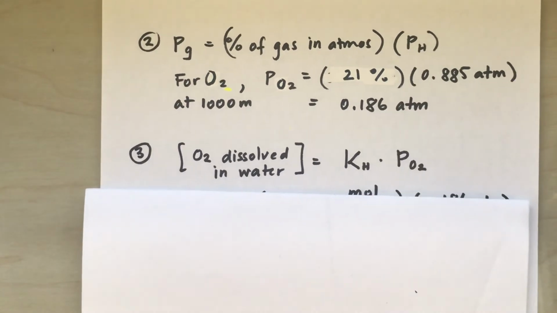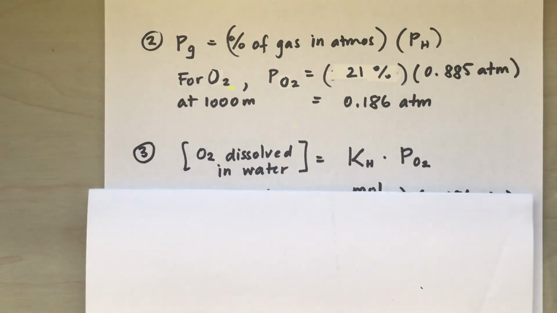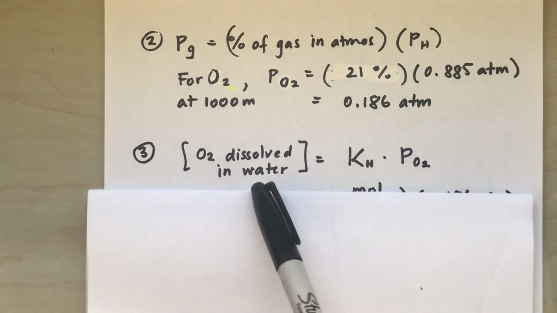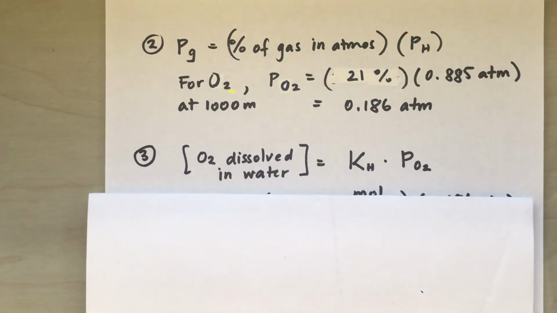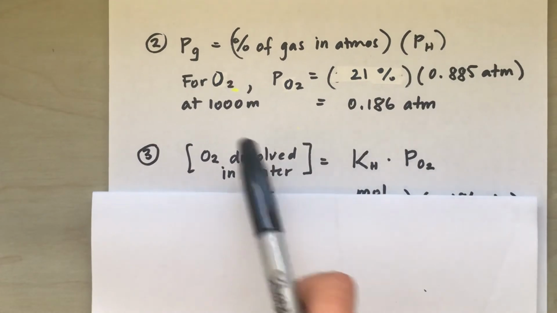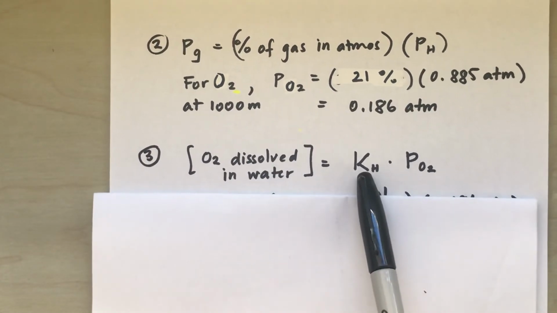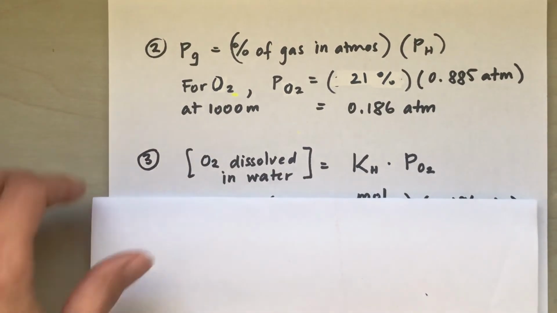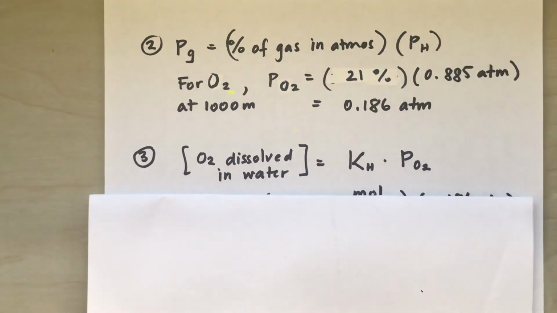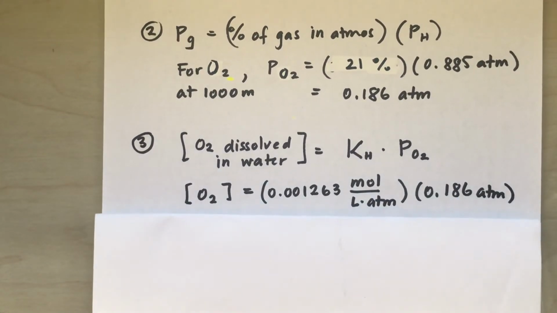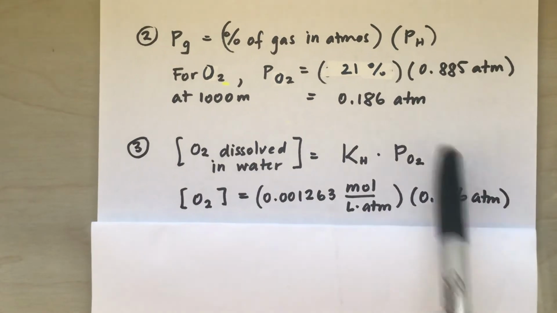That's only for oxygen. Now we can go to Henry's law and solve for the amount of oxygen that's going to be in equilibrium, dissolved in water at 1,000 meters. That's Henry's gas constant times the partial pressure of oxygen at 1,000 meters. That is 0.186, which we just solved for.